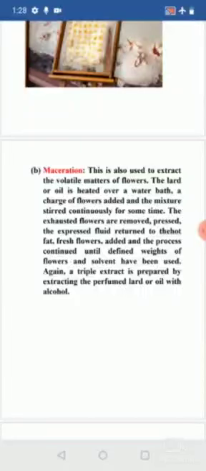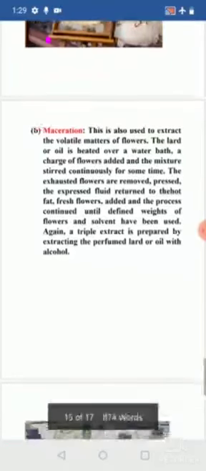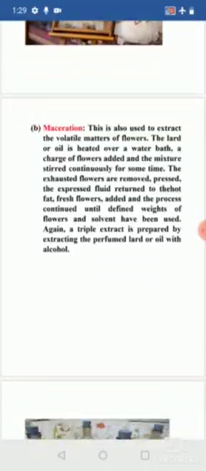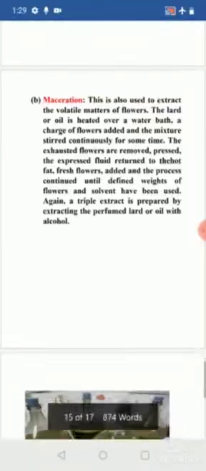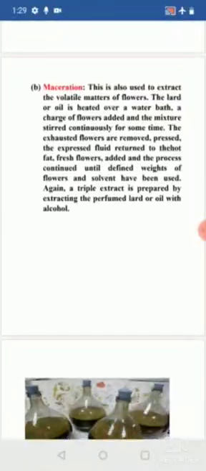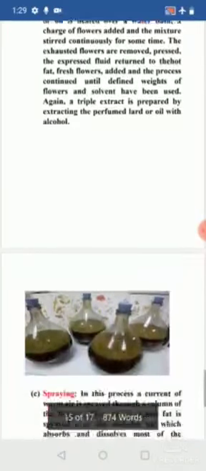Again you replace with fresh petals, and this process continues till all the flowers which you have taken have been used. The extract is known as the triple extract, and that is used for the preparation of perfume.